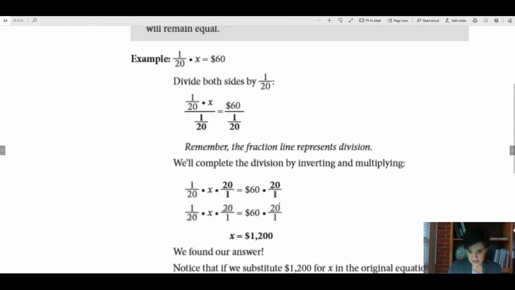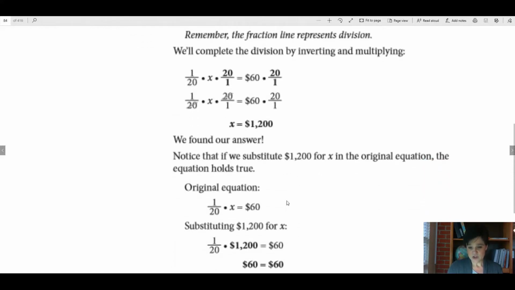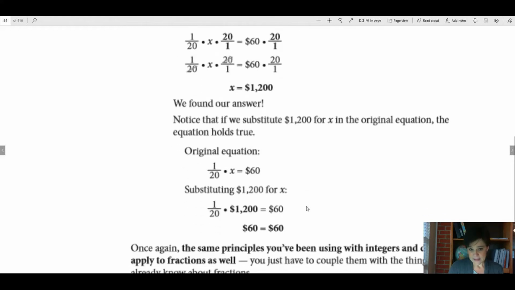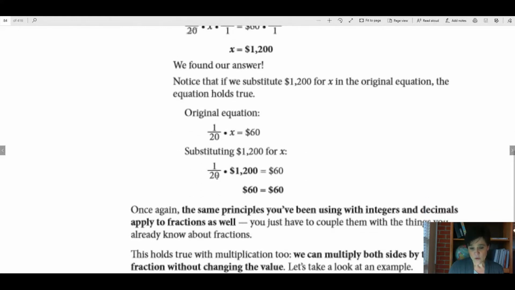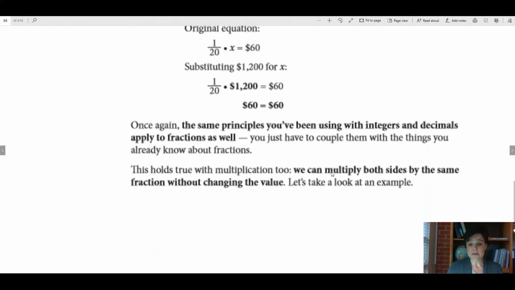So 60 times 20 would be 1200. So substitute that 1200 for x in the original equation. So 1/20th of 1200 equals $60, and that is true. Once again, the same principles we've been using with integers and decimals apply to fractions as well. You just have to couple them with the things that you already know about fractions.